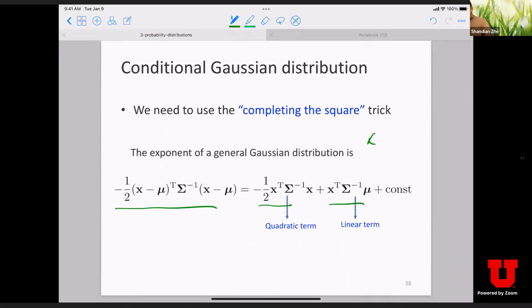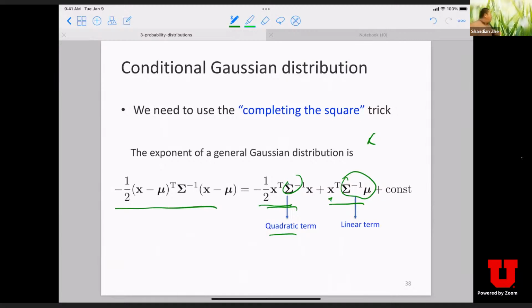One term is quadratic in x: x transpose sigma inverse x. The other term is linear in x: x transpose sigma inverse mu. The second term you can view as a linear function of x, because it's a dot product between x and another vector, and that vector is just sigma inverse mu. And the first term is a quadratic term, and the matrix in this quadratic term is just the inverse covariance matrix.